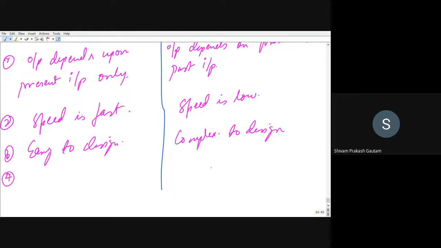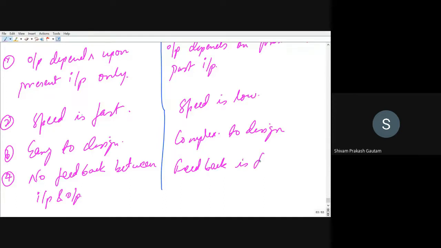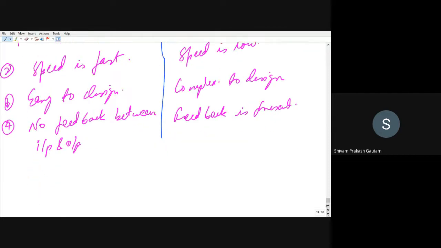Next, the fourth difference: there is no feedback between input and output in a combinational circuit, whereas in a sequential circuit feedback is present. So what does feedback mean?